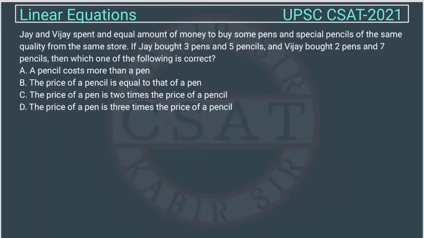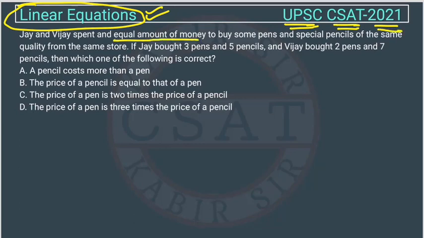Okay. This question is taken from the chapter linear equation, this is a linear equation type of question, right? Asked by UPSC in their CSAT exam of 2021. Jay and Vijay spent an equal amount of money to buy some pens and pencils of the same quality from the same store.